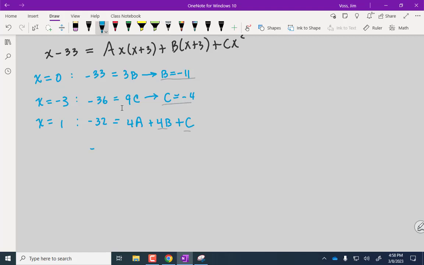So we will have negative 32 equals 4a minus 44 minus 4. So that's going to be minus 48 on that side. Add it to this side, and we're going to get 16 equals 4a. So a will equal 4.